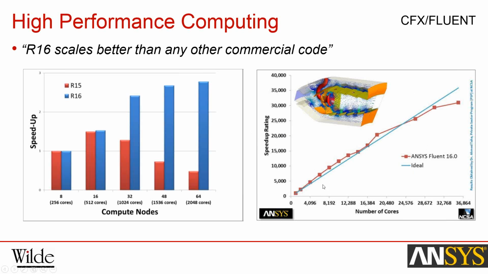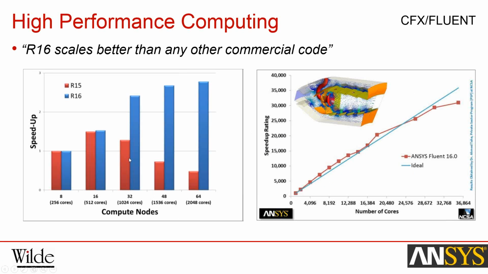Fluent pretty much hugs that line, unless you go to a very high number of cores, about 36,000, where you start getting some deviations. For most of our client base, we're sitting in the range of zero to hundreds, if not a few thousand cores. In that region the trend is extremely linear, which is obviously a good thing.